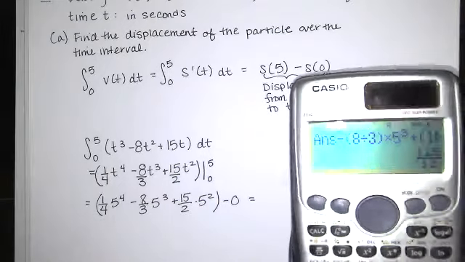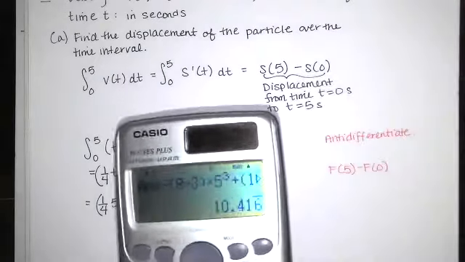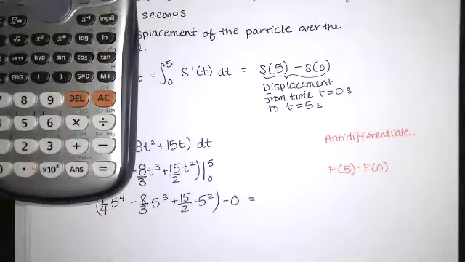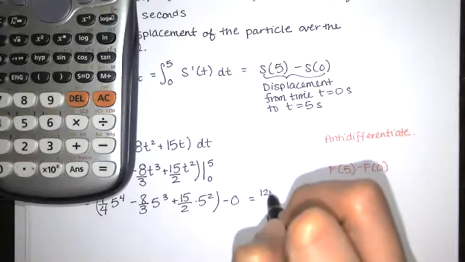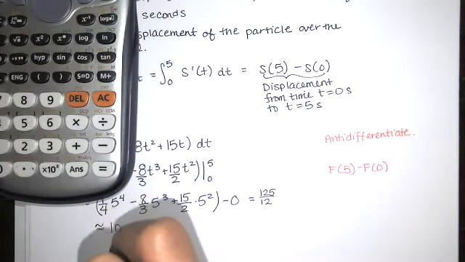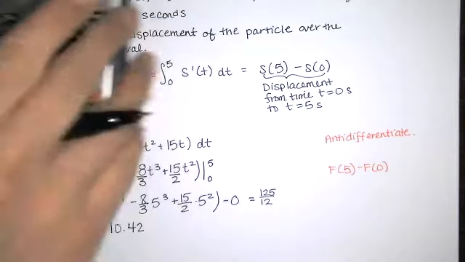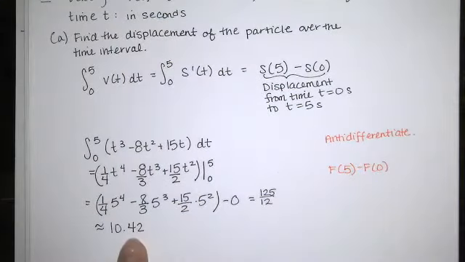And we get 125 over 12, which is about 10.42. And the question is, what are those units?